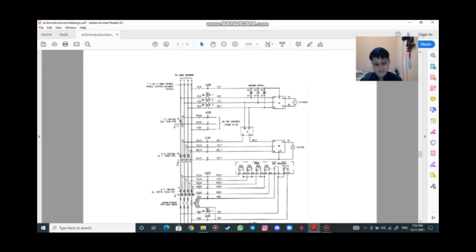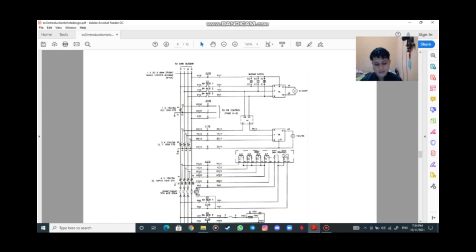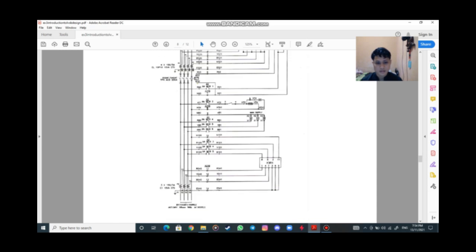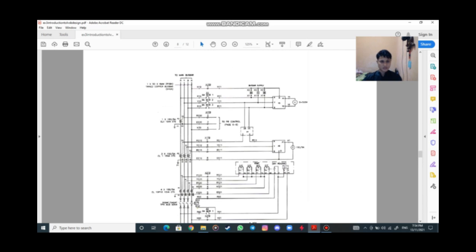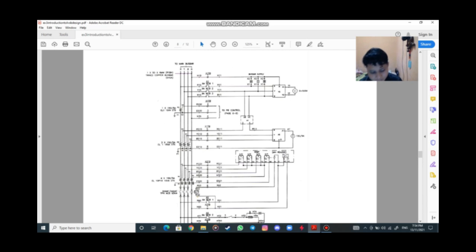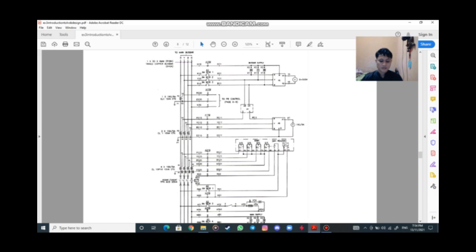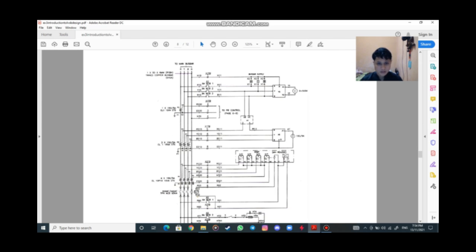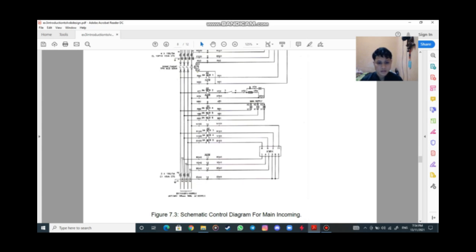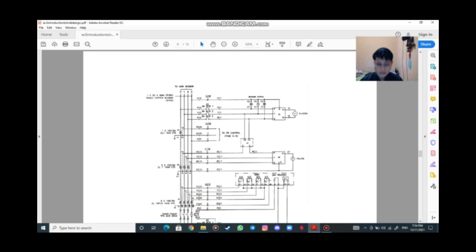The incoming supply is from the underground, that's why it is from below, and you go to the top, to the main bus bar. The incoming TNB will go into the load. This is the main bus bar. We start our analysis of the schematic diagram from the incoming supply to the main bus bar.